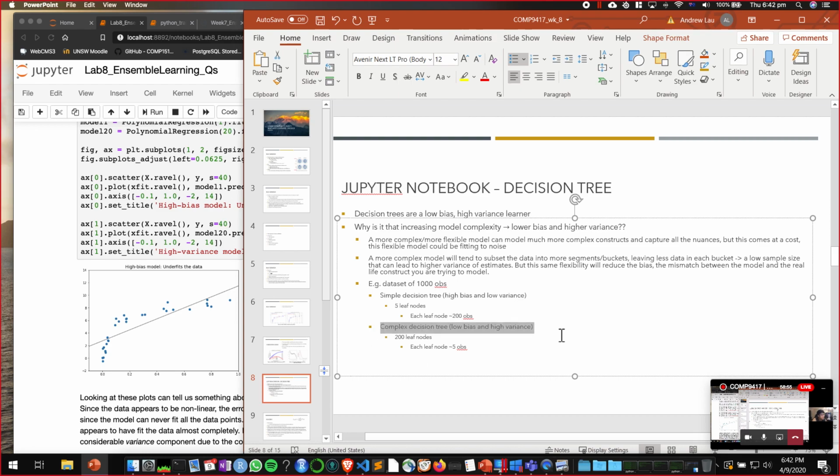Now on the flip side, if you have a really complicated decision tree, with 200 leaf nodes and heaps of splits going on, each split is very, very specific. Remember, another way to think about bias is if you had infinite data and there was no bias, then it'd be perfect.